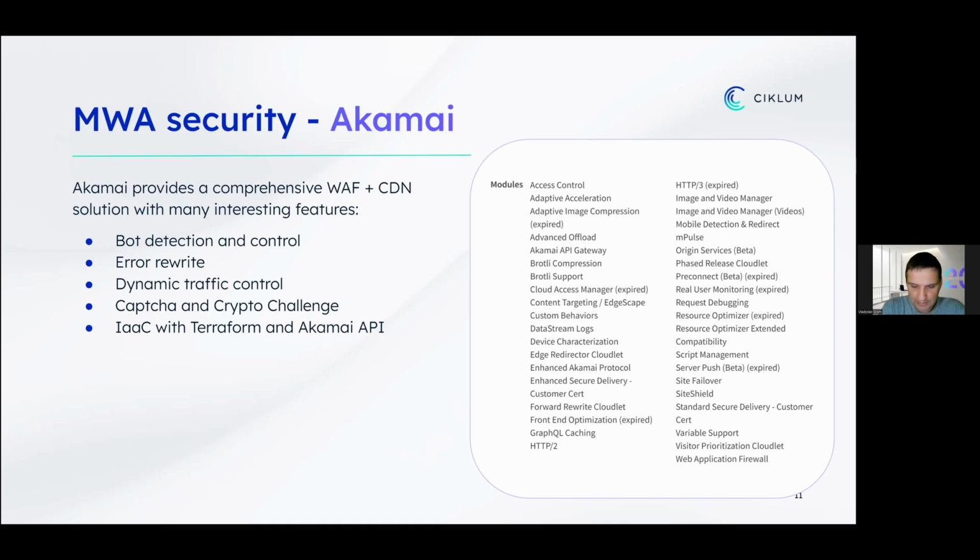So basically, we just got rid of 80% of the traffic without affecting our users and without affecting our business. So this is the crypto challenge. One feature, one small checkbox that changes a lot.